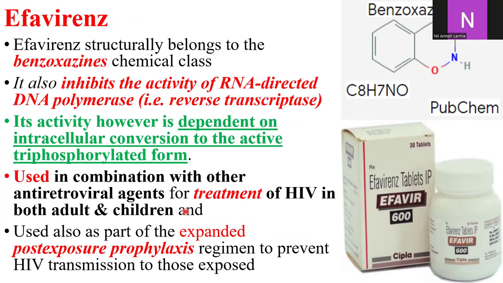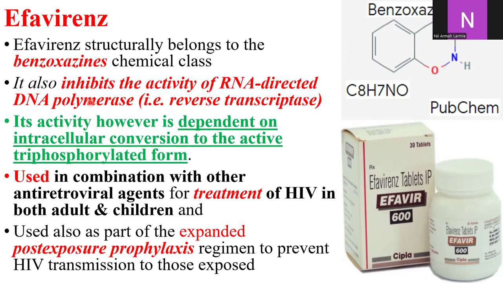Now, efavirenz, on the other hand, even though now its use is a little bit limited in Ghana, belongs to the benzoxazine chemical class group, and also acts directly by inhibiting the DNA polymerase, or the viral reverse transcriptase, which is what we are looking at.